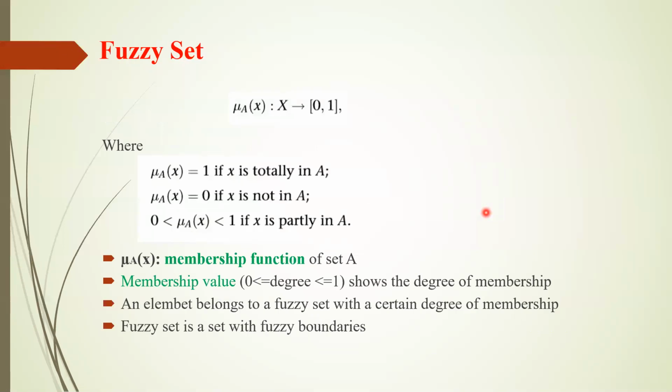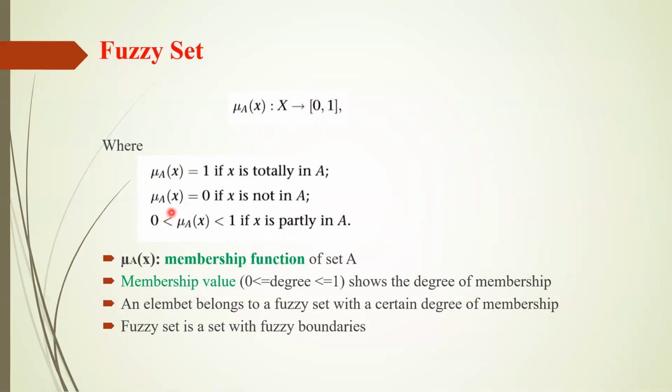Unlike a classical set, a fuzzy set expresses the degree to which an element x of X belongs to a set. Hence, in a fuzzy set A, each element has a degree of membership in the range between 0 and 1 and is defined by the membership function of set A. This is the membership function of set A. This set allows a range of possible choices.